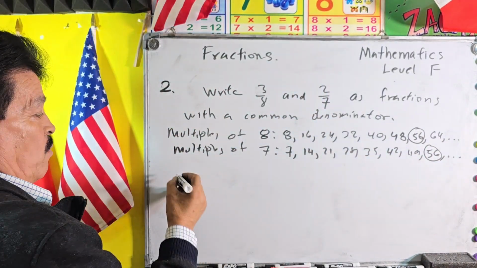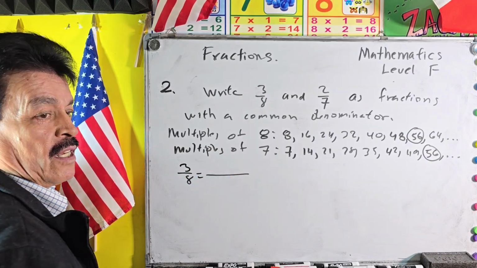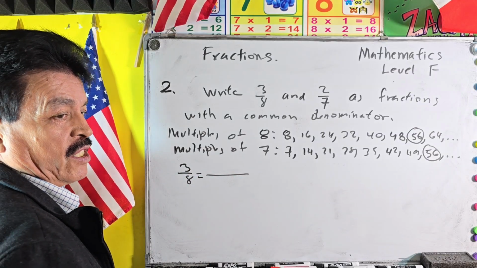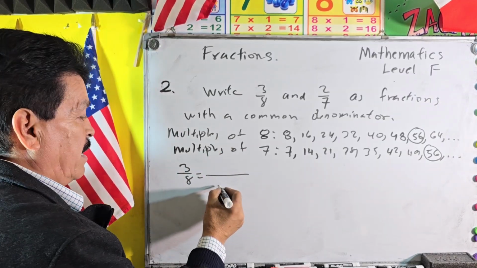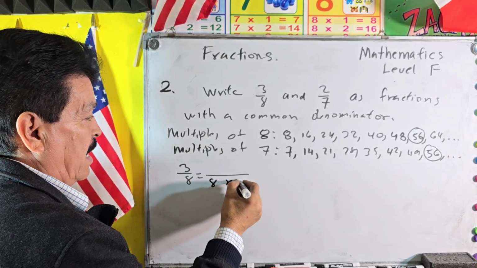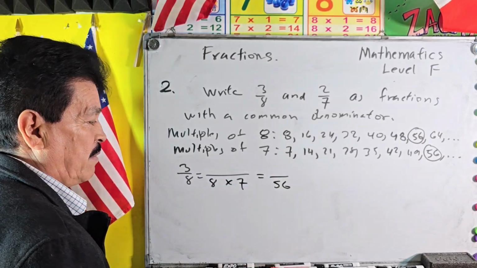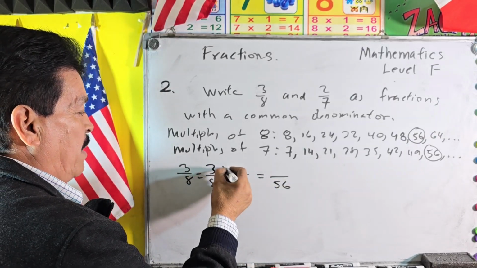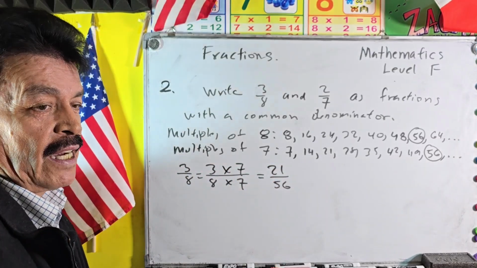So then we have 3/8 equals, which number? 8 times 7 equals 56. Same thing, we multiply the numerator: 3 times 7 is 21.